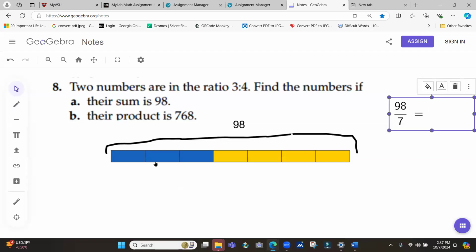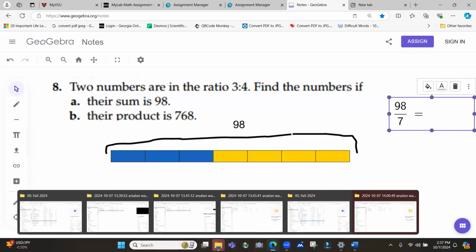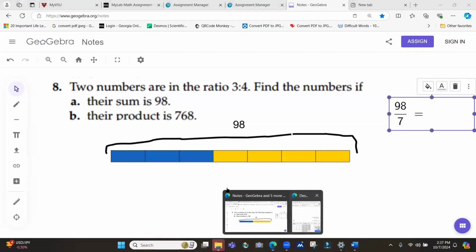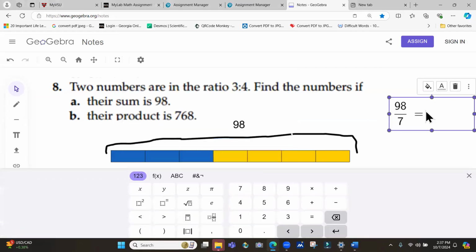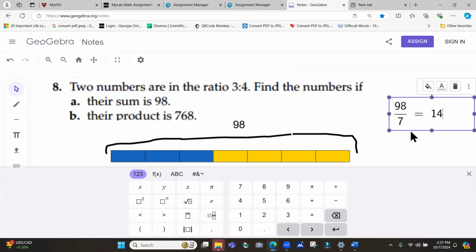They are in the ratio 3 to 4. So if you add the two numbers, you get all of the blue parts and all of the yellow parts, 98. What's 98 divided by 7? Oh, that's not bad. I like it. We could get fractions, but we didn't, and that's not a bad thing.